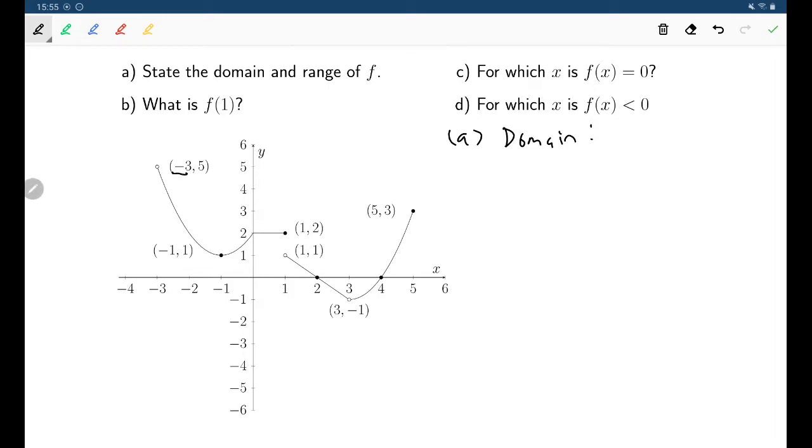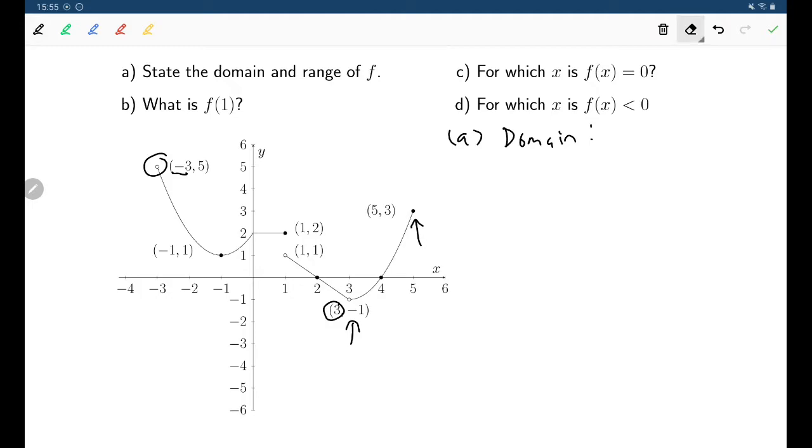The -3 is not included. And in the middle of things, you can see that the value of +3 is also not included. So if you're thinking about what values of x we can have, everything from -3 up to 5, but we're not going to include the -3. We're also not going to include the +3. +5, however, will be included.